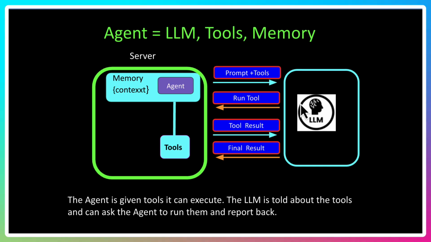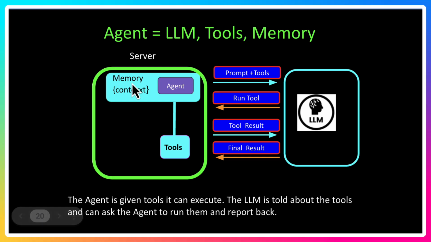Okay, so we looked at the way that the prompt builds up. Here, the first thing the agent does is say to the LLM, okay, I've got tools and I'd like you to answer this question running one or more of these tools. So the LLM may ask, okay, run this tool. The tool result is given back to the LLM, and then the final result is passed back to the agent.